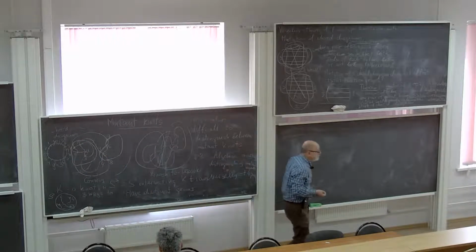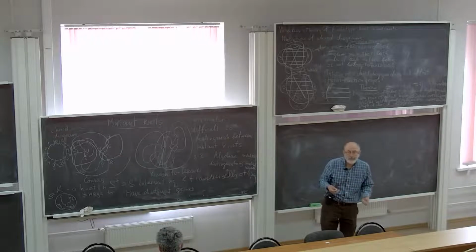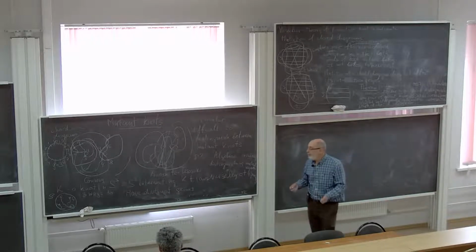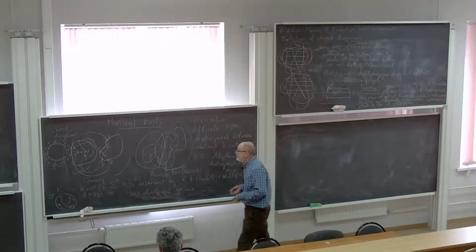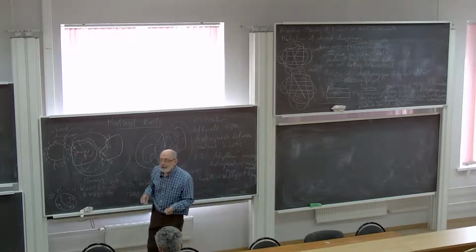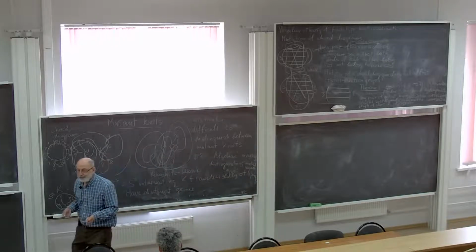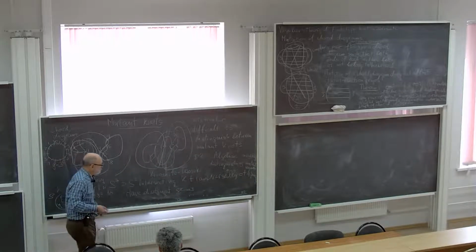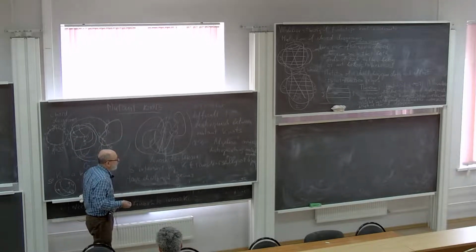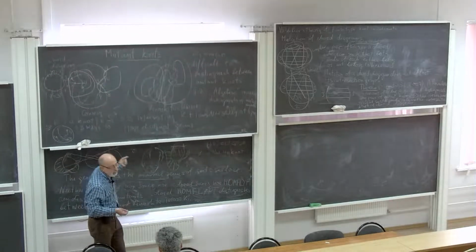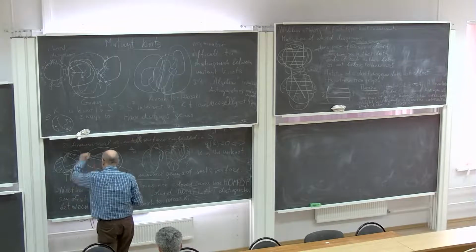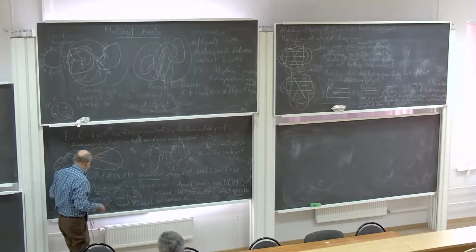And these two chord diagrams will have the same, or better say, isomorphic intersection graphs. Well, and what does this statement mean?